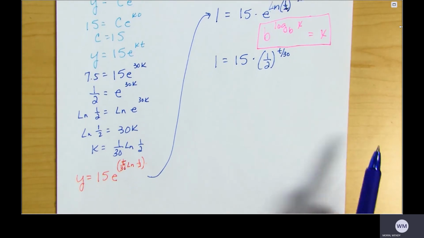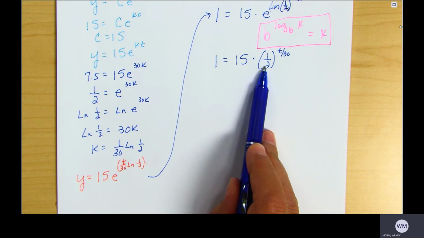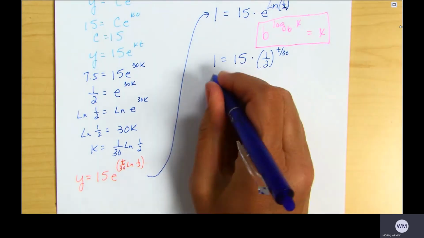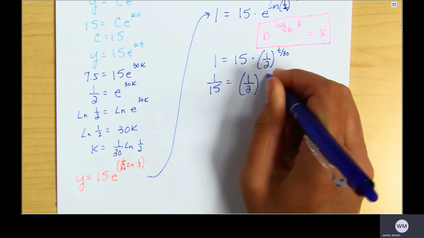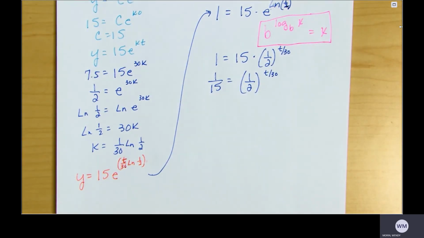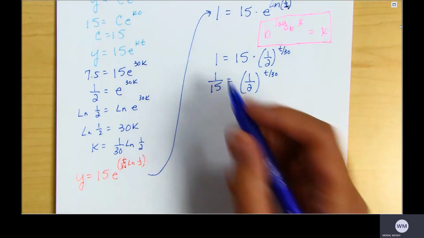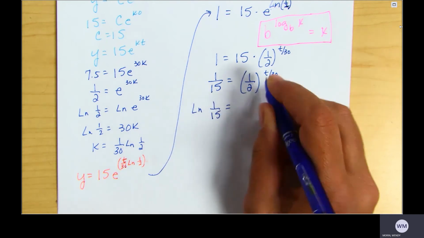Now, multiplying these two together, that's bad math. So I have to divide by 15. And I have an exponential equation, which I can turn to log form or simply just take the log of both sides. That's just my preference. Again, completely up to you.